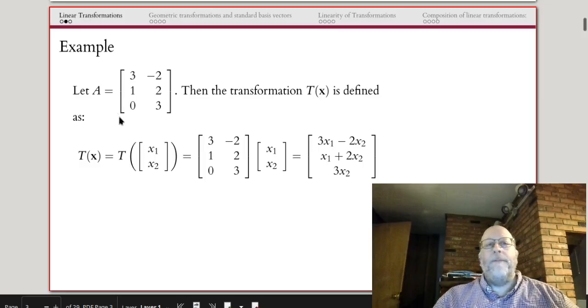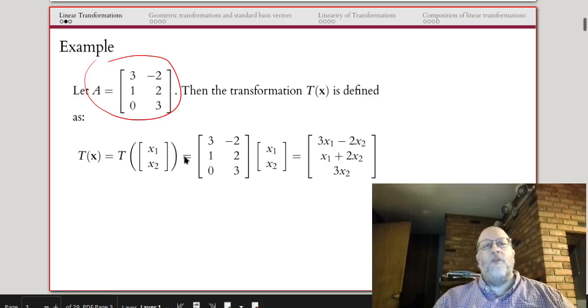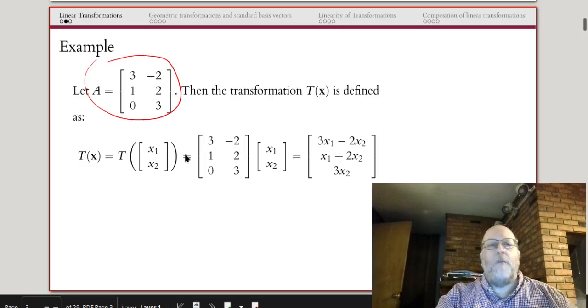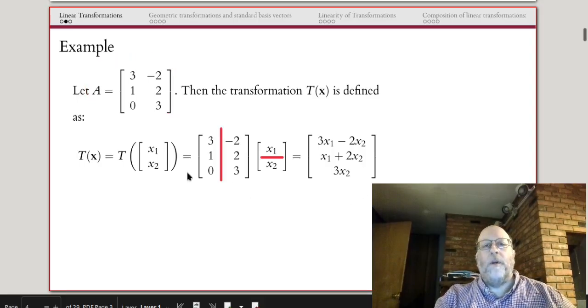As an example, if this is my matrix, 3, -2, 1, 2, 0, 3, then that matrix defines a linear transformation that we build using the column row rule. We will have an input vector that has two elements in it, x1 and x2. x1 gets multiplied by the first column, x2 gets multiplied by the second column.